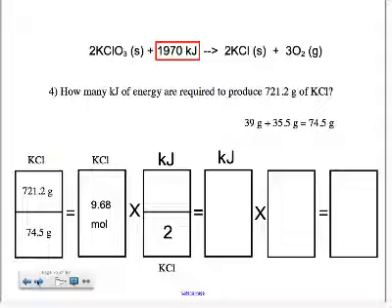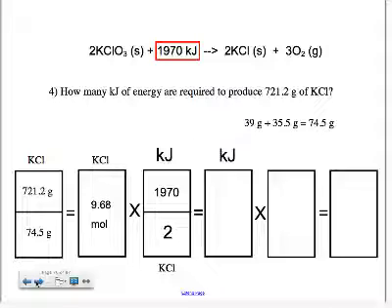That's the coefficient, just like it would be 2 moles of KCl. So for every 1970 kilojoules, I get 2 moles of potassium chloride. It works the same way as the other mole fractions. It's just a bigger number.